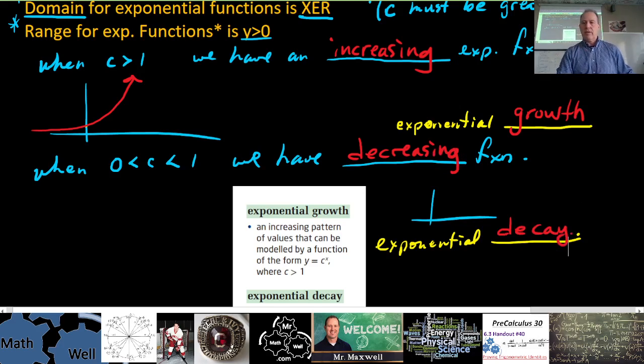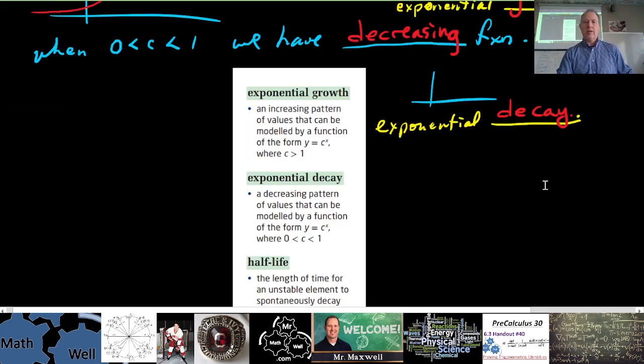So if you have the decay of some organism, the amount of material, if you have radioactive elements, let's say, you might represent some kind of exponential decay by an exponential function that looks like this. So it's getting smaller and smaller over time. The rate at which it's getting smaller is decreasing over time, but it still is getting smaller.